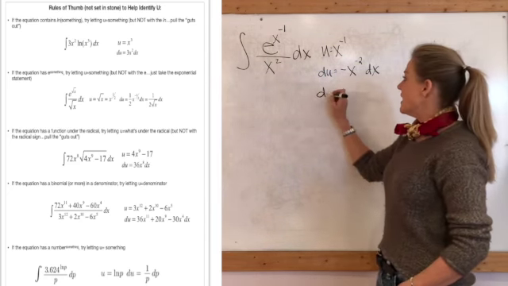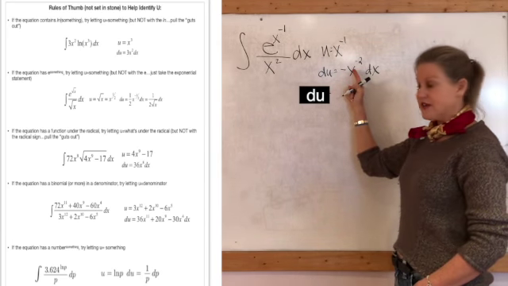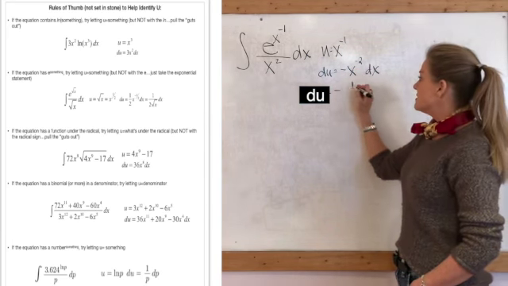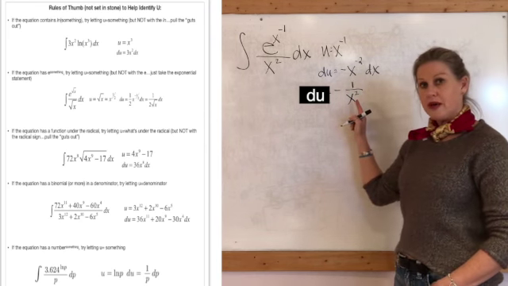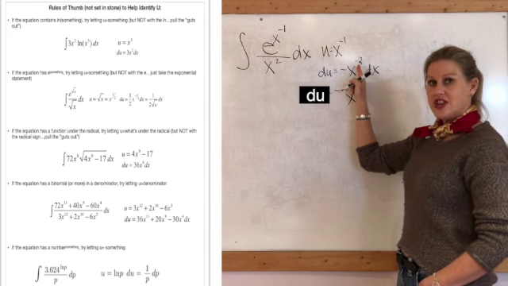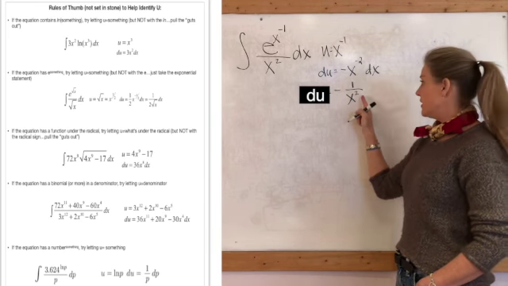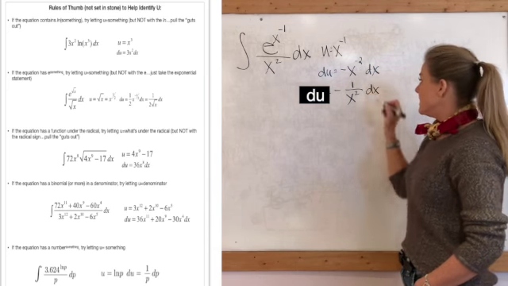Because this can be rewritten, first of all, using my rules that I mentioned in the second video. This x to the negative 2 can be put in the bottom or the denominator of a fraction. And if I do that, I change the sign on the exponent from, in this case, a negative to a positive. And I still have the dx.